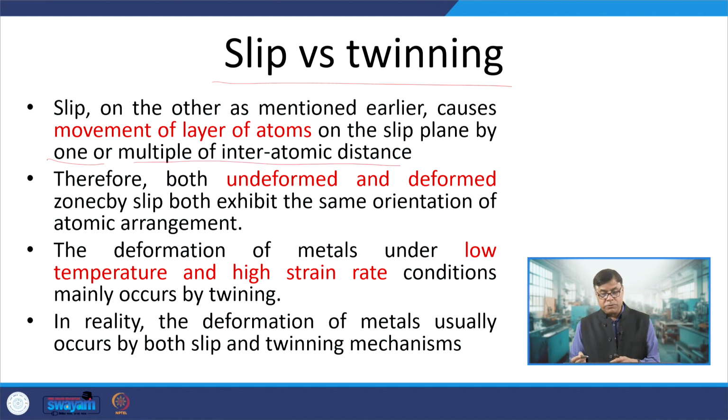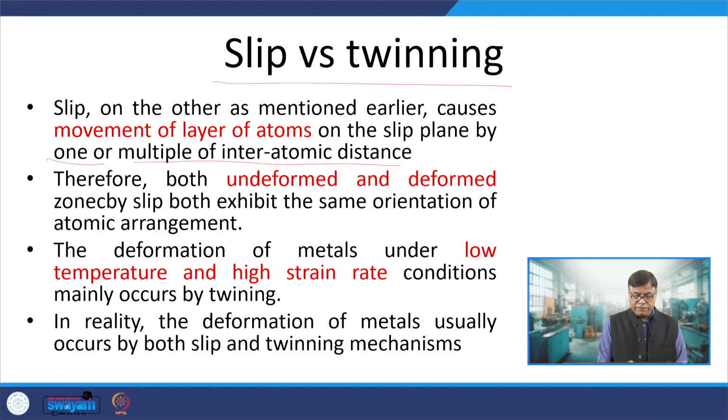But in twinning, the movement of one layer of atoms over another layer is by a fraction of the interatomic distance, not one or multiple interatomic distances. That is one. And because of this, in slip the deformed and undeformed zones look the same, but in twinning the deformed and undeformed zones exhibit different orientation and arrangement of the atoms.